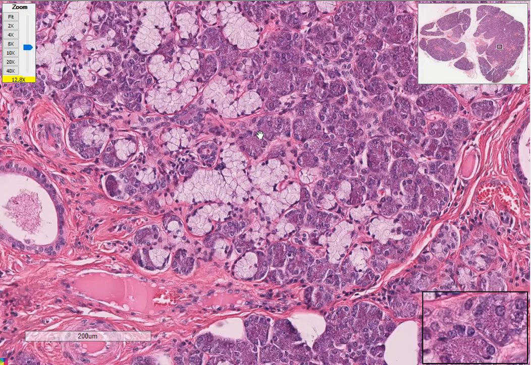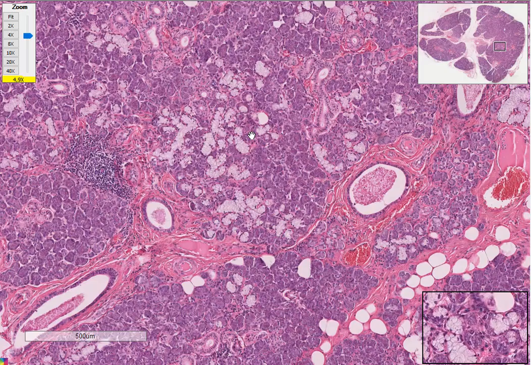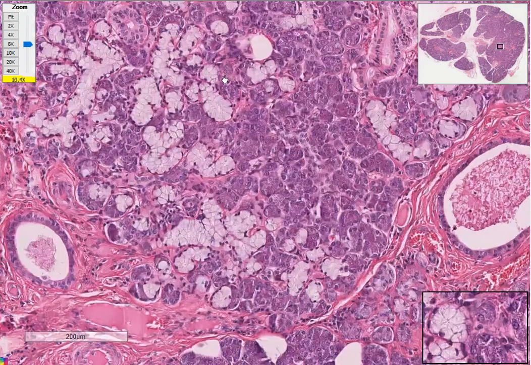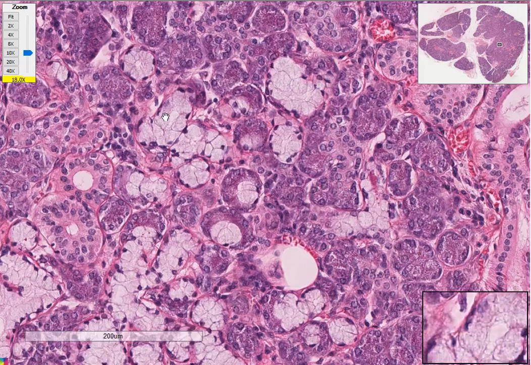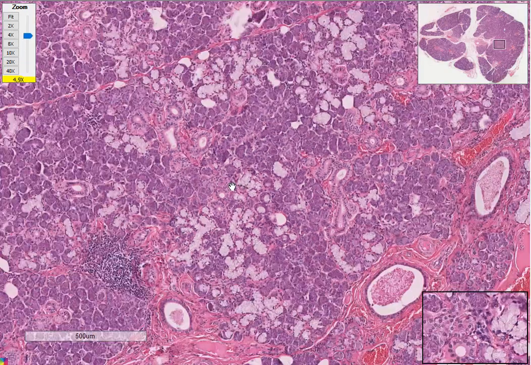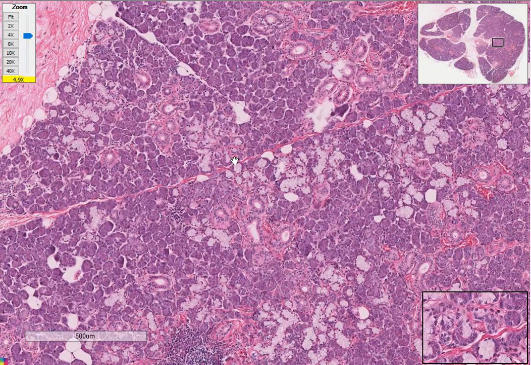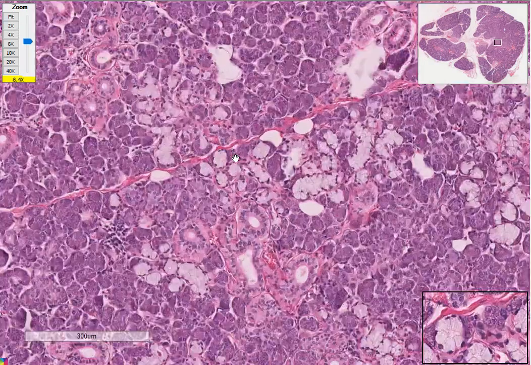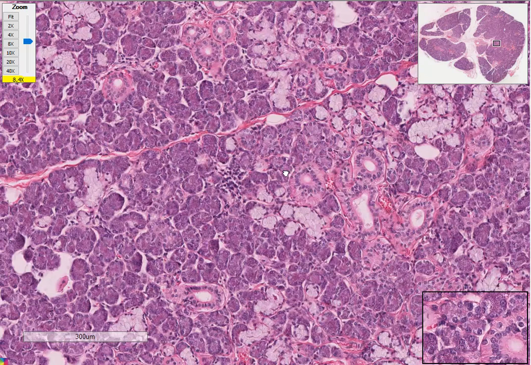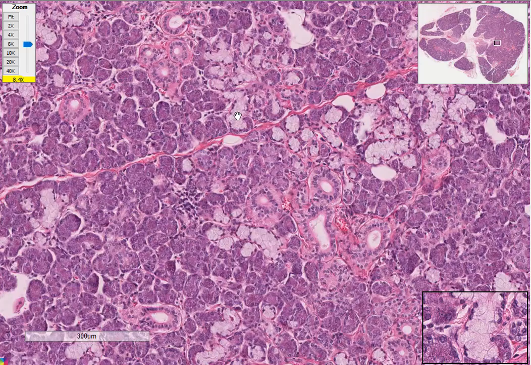Okay, so there's one thing about the submandibular gland that you can know. This is the submandibular gland. When you look at the mixed architecture, you look for what we call serous demilunes. Serous demilunes are like a cap of serous cells on the mucinous cells.